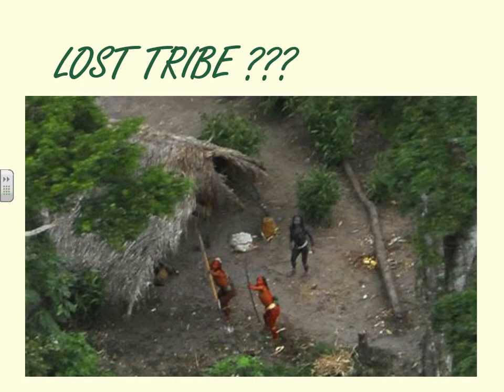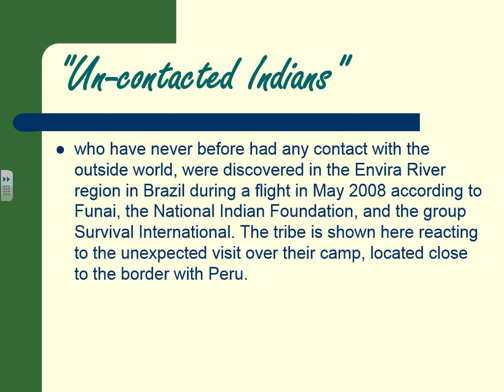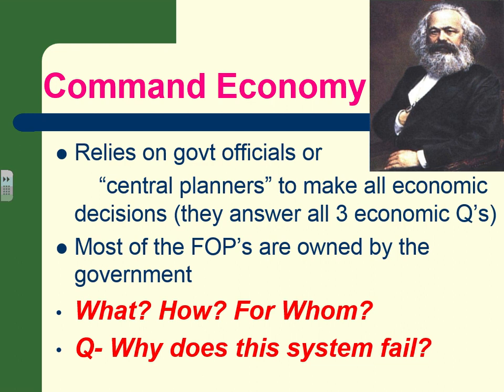Recently, we thought that there was a lost tribe, as in it was all over the media, but only to find out that it was just a hoax. And so every group of people, even if they are traditional in how their markets function, are not traditional economies. They do not exist. Most economies went from being traditional to command, and basically that was kings and queens.